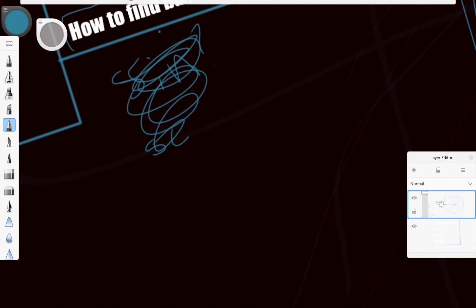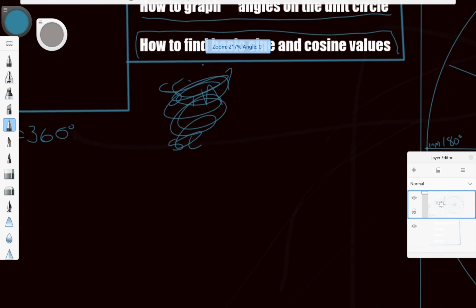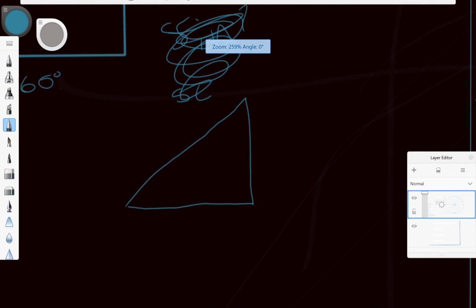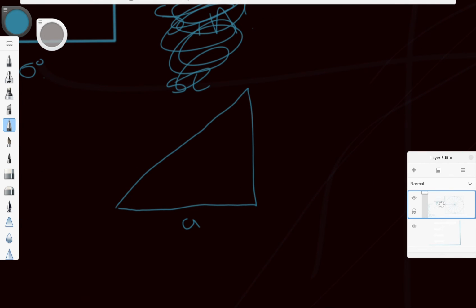General form. Let's draw ourselves a triangle. There's our triangle. A, B, C. Let's say this is the angle.